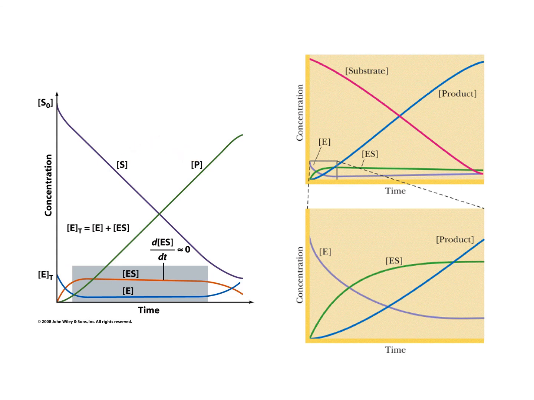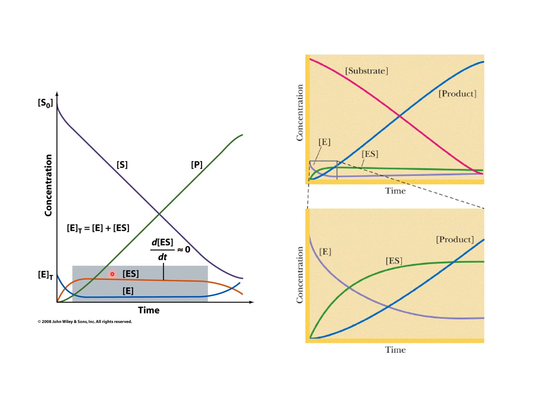And when you look at the enzyme, quickly it will form the ES complex, and we'll get to the maximum point in the plateau where it has the steady state.